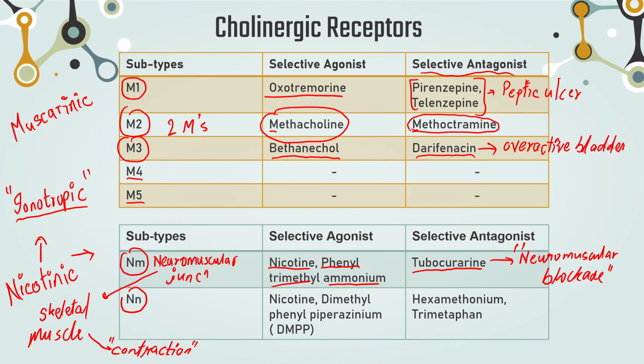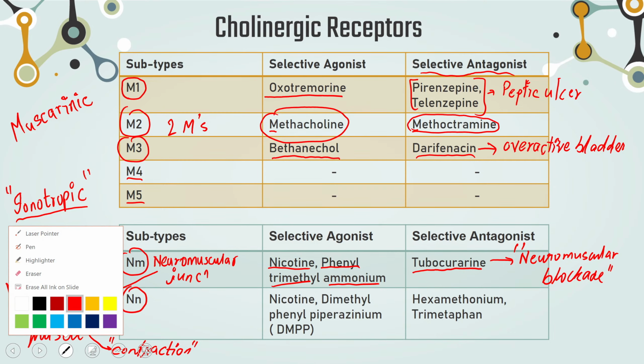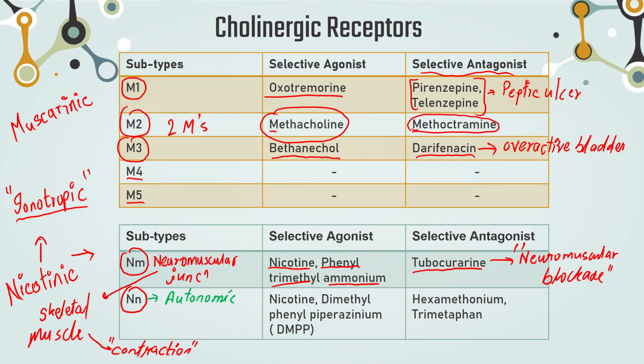Now the NN receptor. It is present at the autonomic ganglia. Like we just learned about the preganglionic and postganglionic fibers.